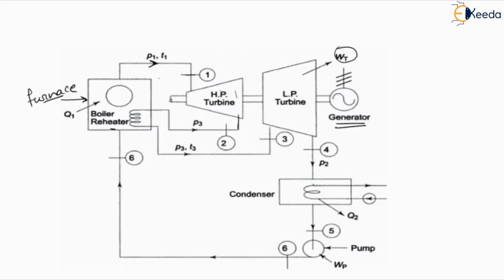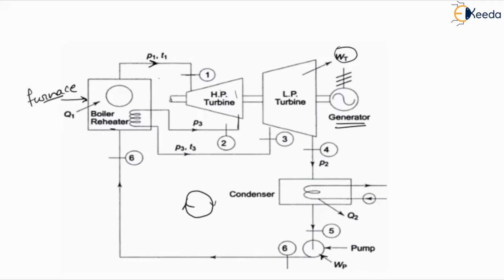So the steam is completely converted into water or liquid form. That liquid will transfer to the pump, and to pump this water we have to do some pump work, and from the pump this working fluid will again transfer to the boiler. So here this process will continue, and we can consider this as a cyclic process.